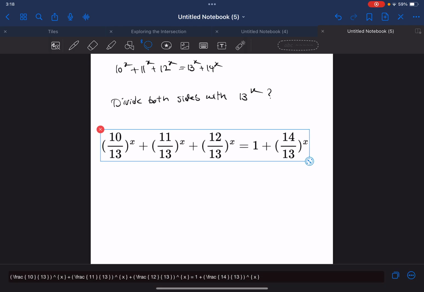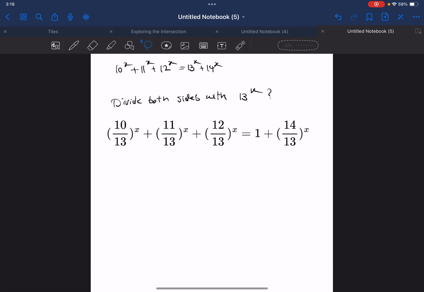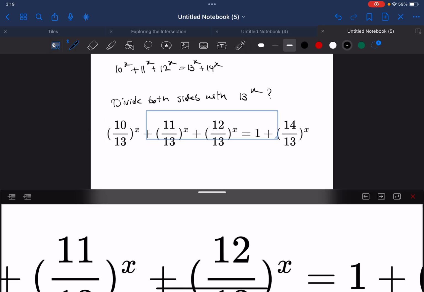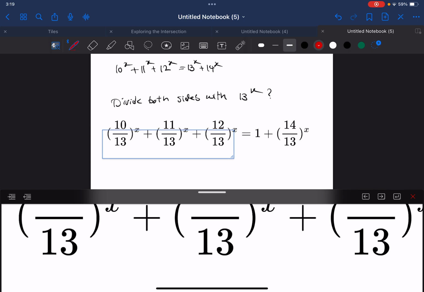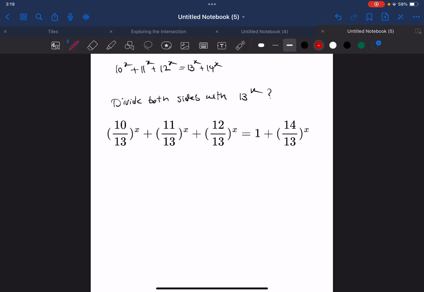And the point is that now the left-hand side is a decreasing function, and the right-hand side is increasing.